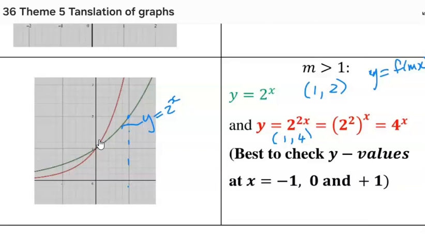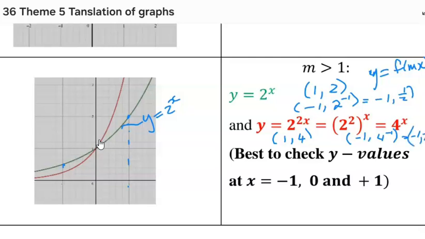But on the left-hand side, if I look at minus 1, then I will have 2 to the minus 1, which is a half. But for this graph, I will have at minus 1, 4 to the negative 1, which is a quarter.